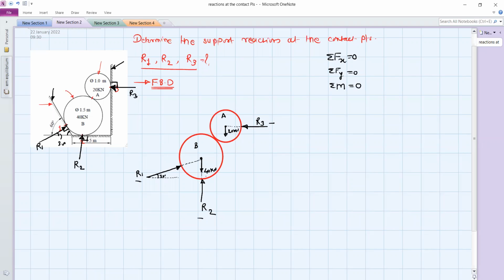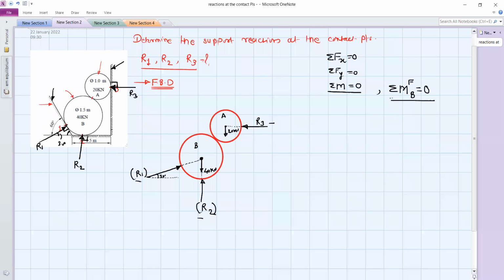If you observe, the reaction R1 and reaction R2 are passing through the point B. So if you take moment about the point B, summation of moment by all the forces about the point B equals 0, then we can cancel out the moment by reaction R2 and reaction R1. So there is only one reaction, which is R3.